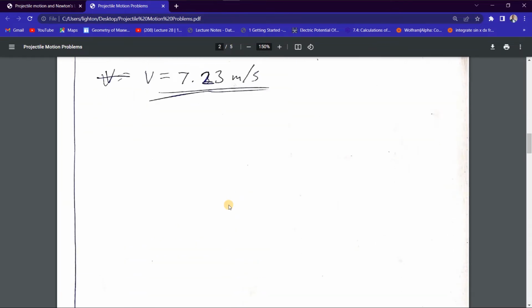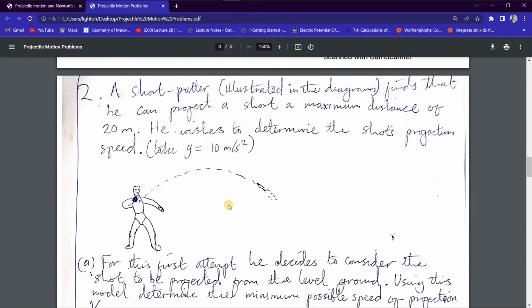Now let's see the other question, which is illustrated in the diagram. This is the man who is throwing a shot in the form of a projectile, as you can see from the curved motion. This shot putter finds that he can project a shot a maximum distance of 20 meters.